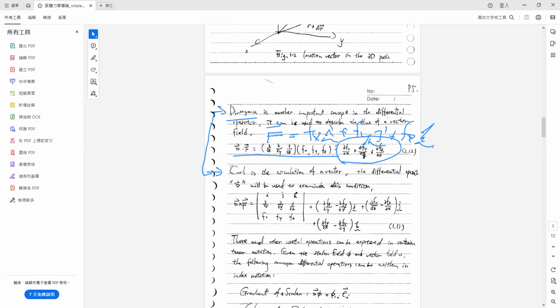The divergence of the vector F is a scalar field.